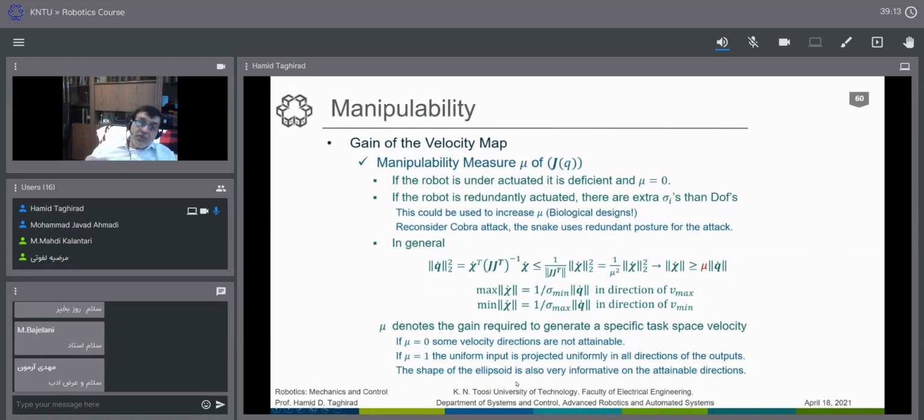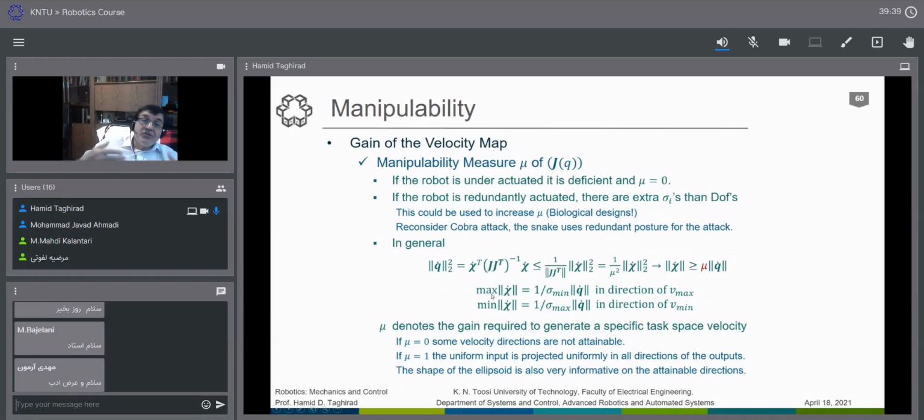Also the shape of the ellipsoid can show you very informative details. In one direction we have very large speed, in another direction smaller speed, and in other directions a combination, something in between. And this means that sometimes singularity is not very bad.